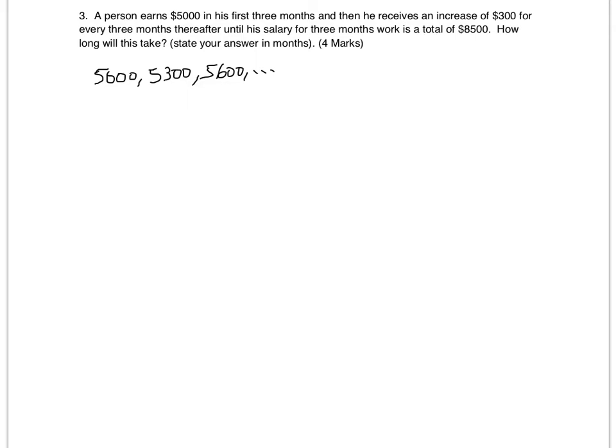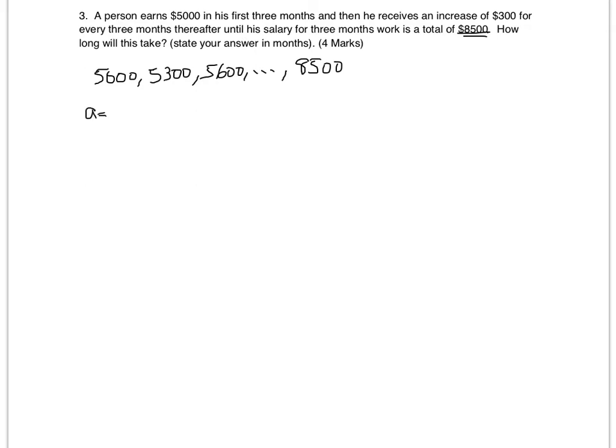But we know at the end he gets $8,500. This is given here. The question is how long will this take to start from 5,000 and get to 8,500? You can see that this is an arithmetic sequence because every term is the previous term plus 300.